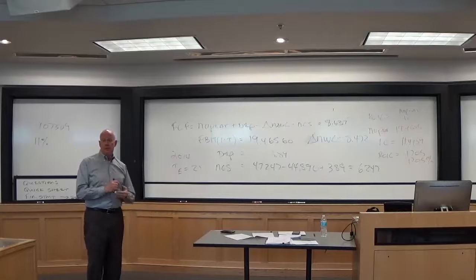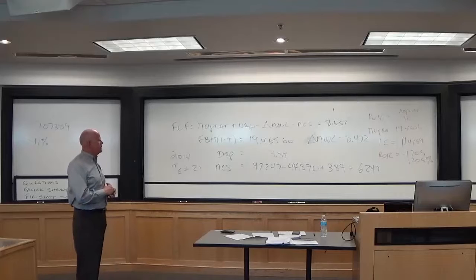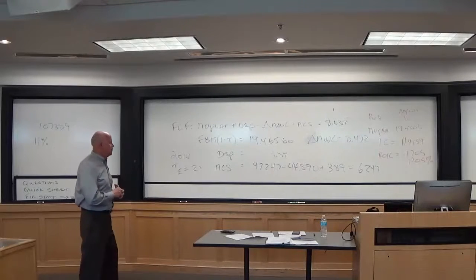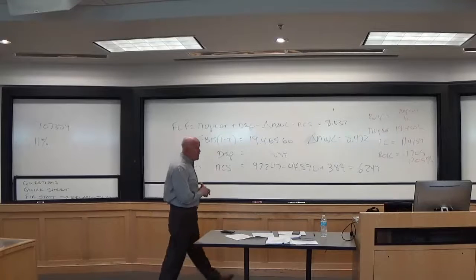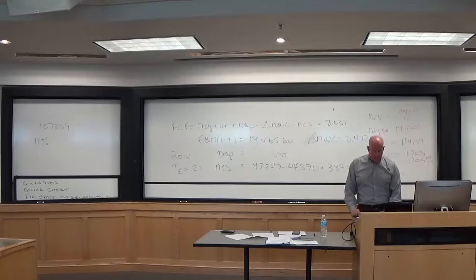And then also while they're doing that, I got a little bit lost on the IC. How did you get the investment capital? I didn't get the first number that you're subtracting by. Was it just net working capital? So when I give you those three numbers. I got lost on the net working capital part. I got the fixed assets part, but what were those three numbers? The fixed assets were 47.247.